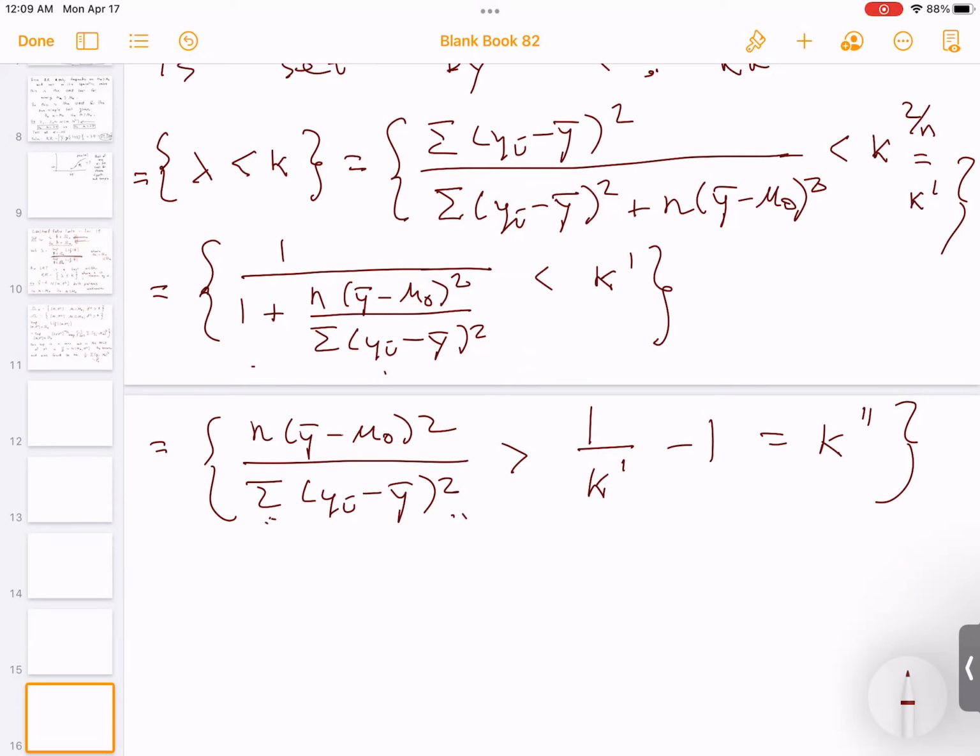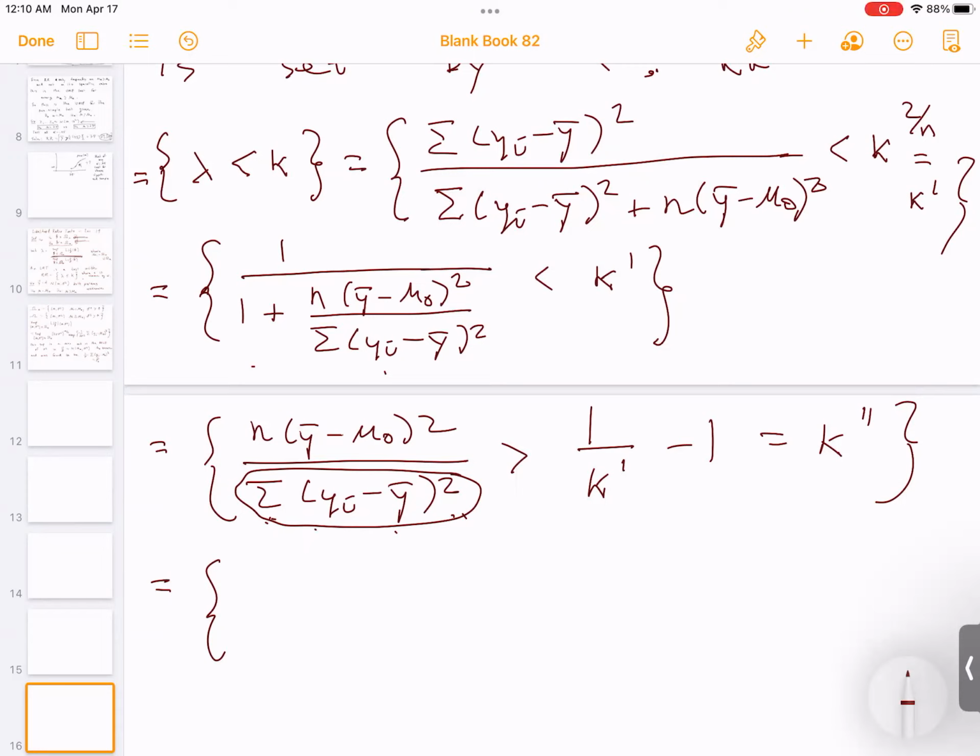I could even bring the n down here, so this is actually s squared times n minus 1, right?